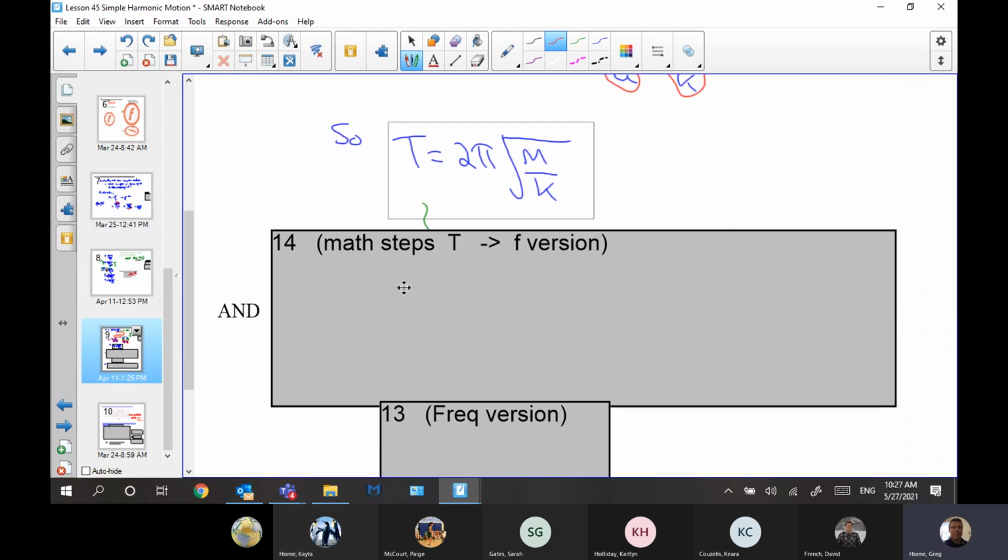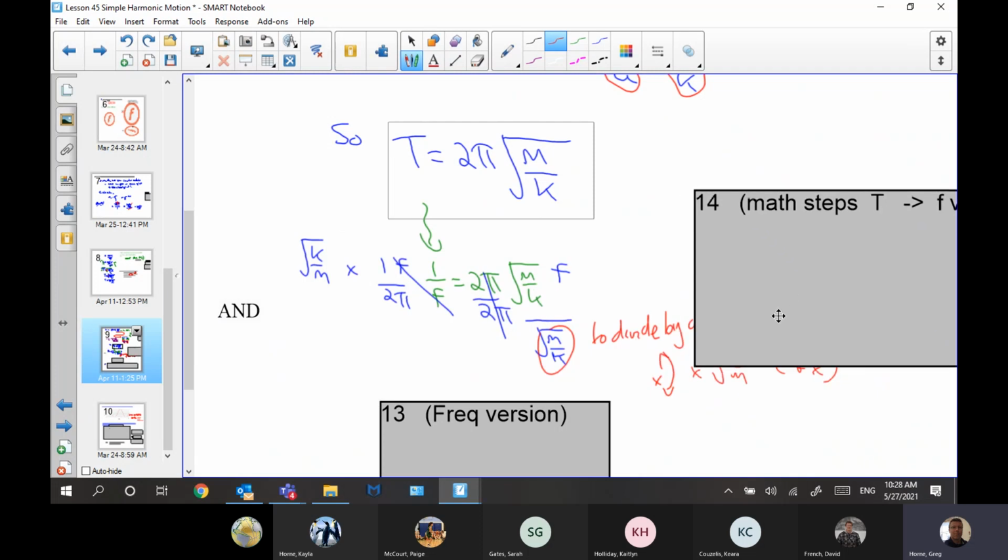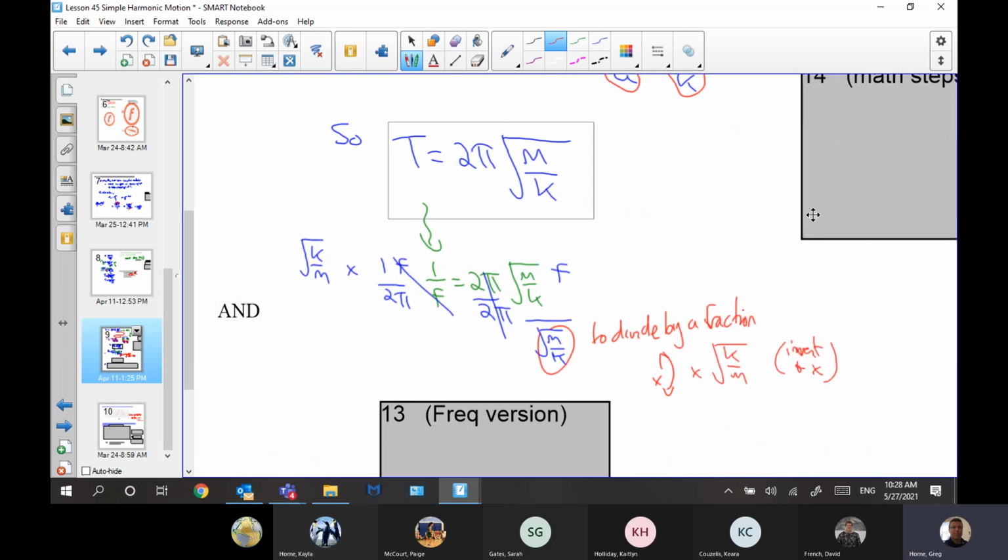Math steps to get the frequency version, pretty obvious, where you're like, okay, that's really 1 over f, right? Too much stuff being shown at once here. I should rejig this a little bit, but all this green part is 1 over f, obviously. So I have 1 over f equals 2 pi root of m over k, just the regular equation, swapped.